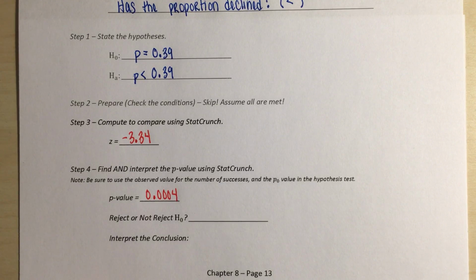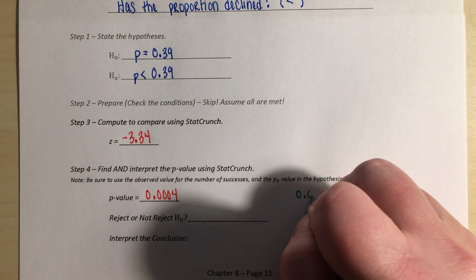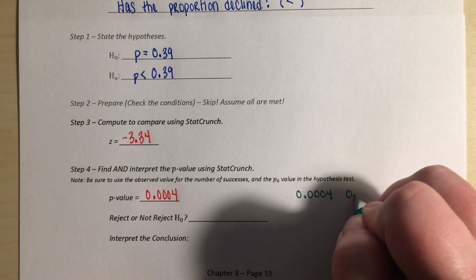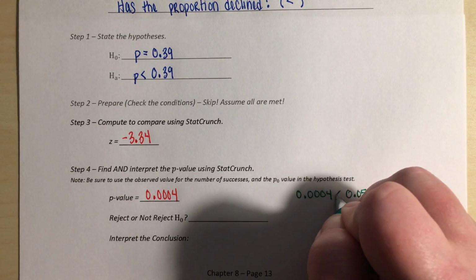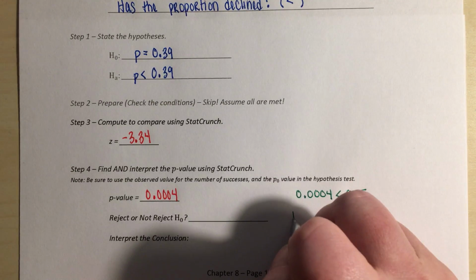All right, so then to make our decision, again, we're going to compare our p-value to alpha. So 0.0004, alpha is 0.05, right? This is clearly less than 0.05.